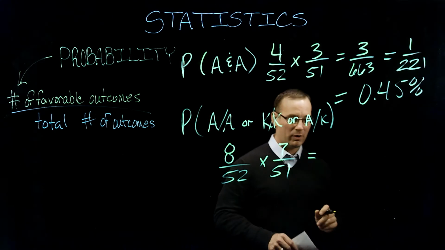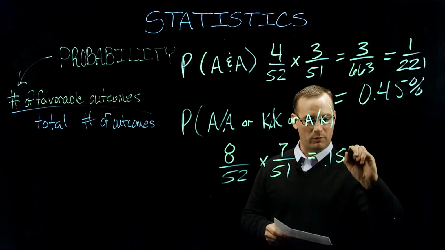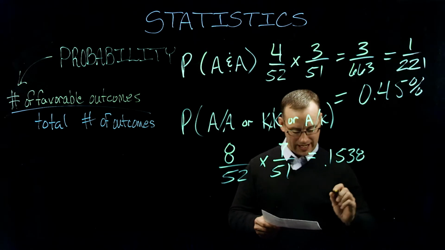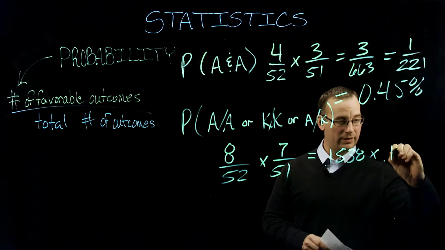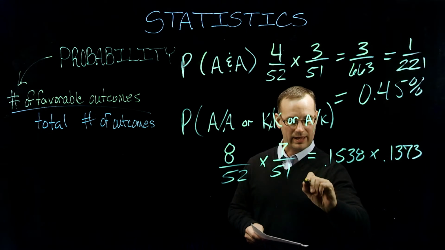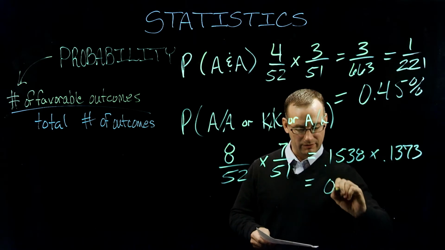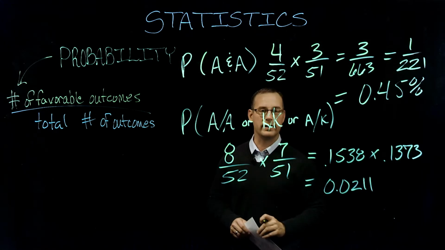So from there, what we're going to get is 0.1538 times 0.1373. And that's going to give us 0.0211.